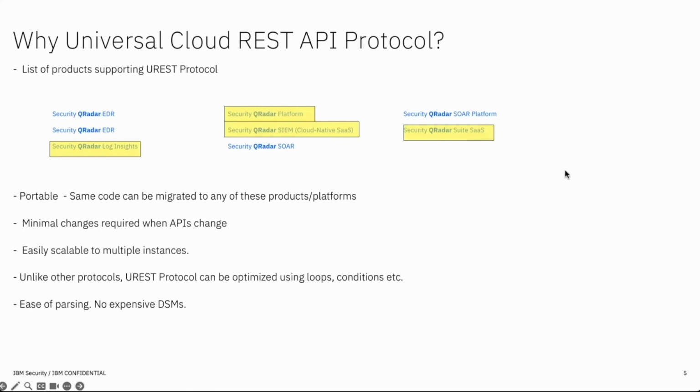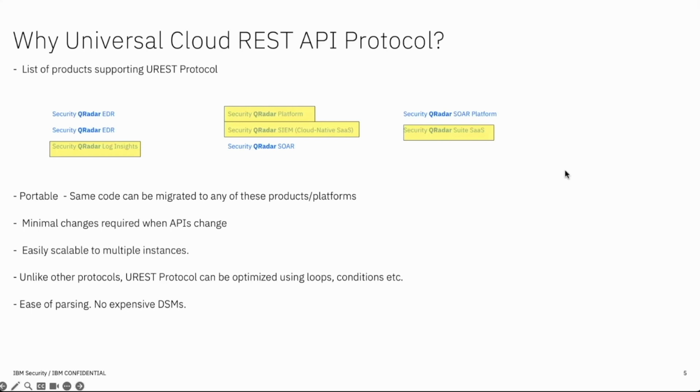When we talk about integrations, one of the important factors is the change over time. You know that with the new versions of the products that are coming, new types of events are introduced. Using the Universal REST API protocol, the fewest changes have to be made on the configuration side for these new event types to be integrated.